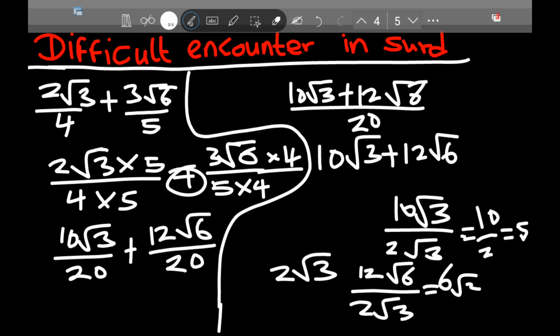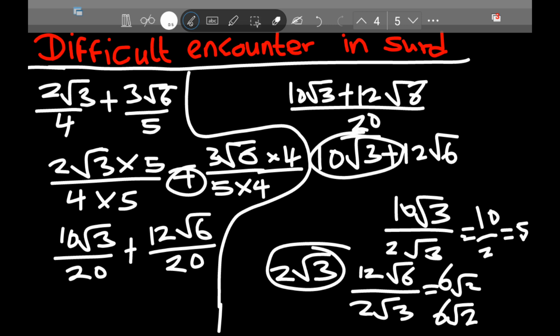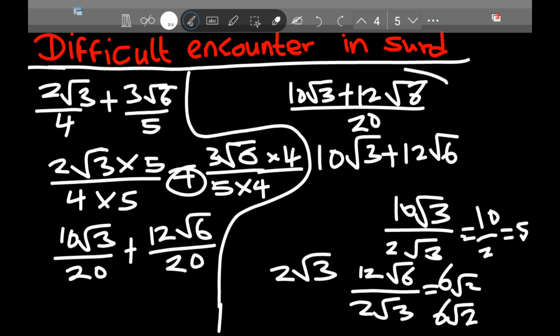So what we should have is 6 root 2. So it tells you that this 2 root 3 can divide these two expressions. It can divide 10 root 3 and it can also divide 12 root 6. So this 2 root 3 is going to be the factor of these expressions, the 10 root 3 and 12 root 6 that are at the top of the fraction.